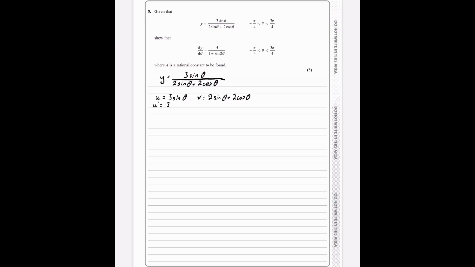So 3 sine theta will differentiate to 3 cos theta, and 2 sine theta plus 2 cos theta will differentiate to 2 cos theta subtract 2 sine theta. And then we can plow into the quotient rule itself, v du dx minus u dv dx all over v squared. And so it's a case of just being careful with each step that you do.